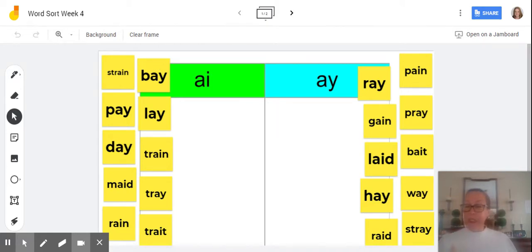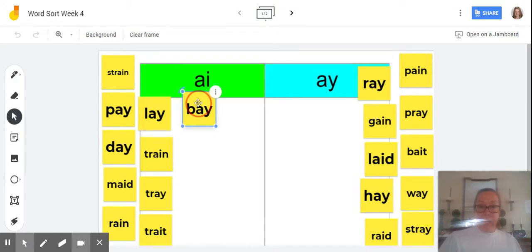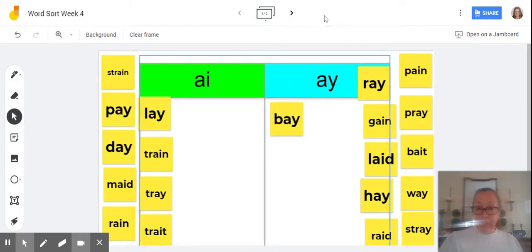Now I decide which column it should go in. Is bay an AI word or an AY word? You look at it and say, well, it's an AY word because there's AY. So I'm going to drag bay over to the AY column where it belongs. The last thing I'm going to do is write bay on my tablet paper.